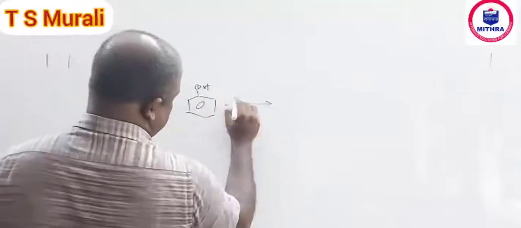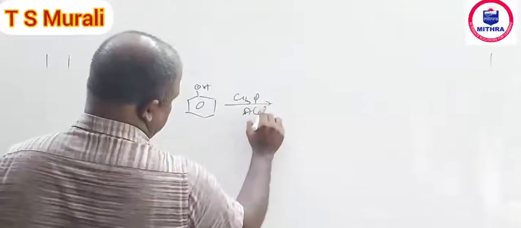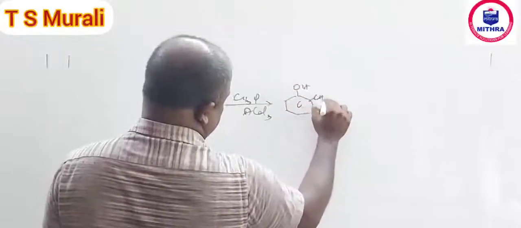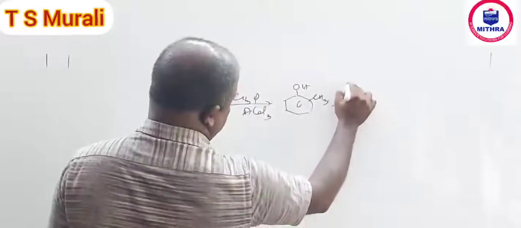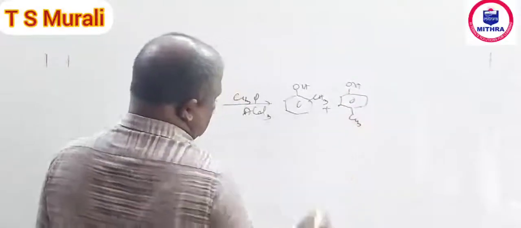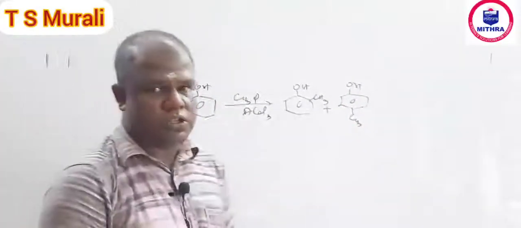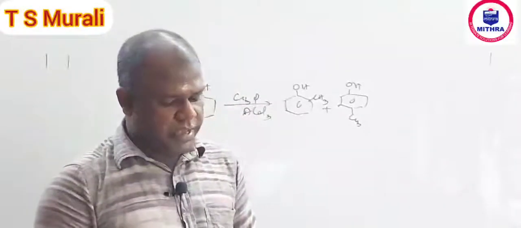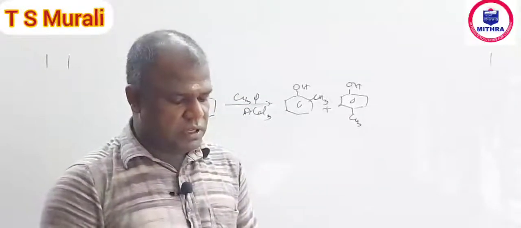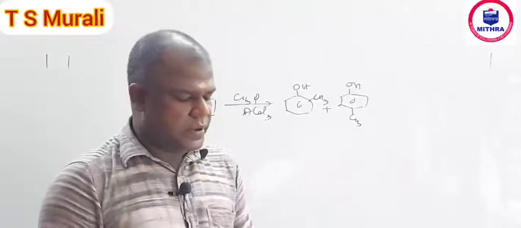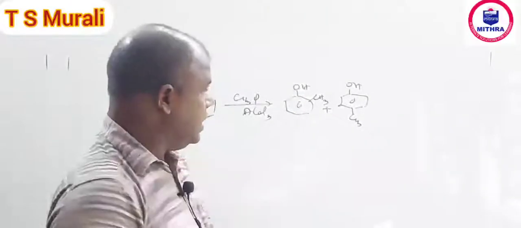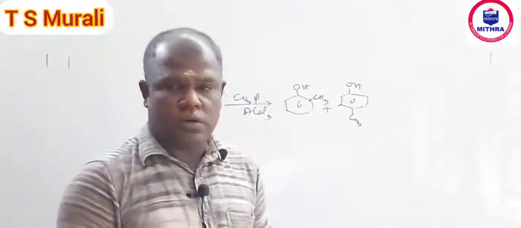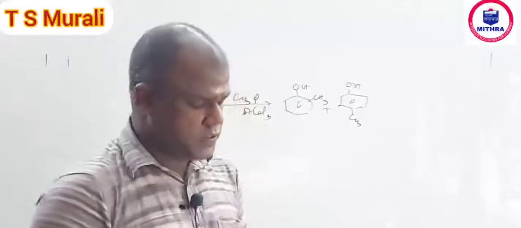So when it is treated with CH3Cl and AlCl3, Friedel-Crafts alkylation, you are getting ortho-cresol and para-cresol. Both are formed, and para will be the major. Here there is no word major product. Friedel-Crafts reaction of phenol with methyl chloride and anhydrous AlCl3 produces ortho-hydroxy toluene. That is also correct. Ortho-hydroxy toluene, para-hydroxy toluene, ortho-cresol, everything is the same.